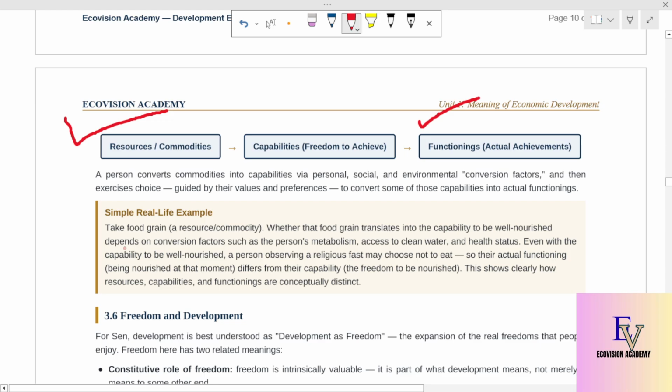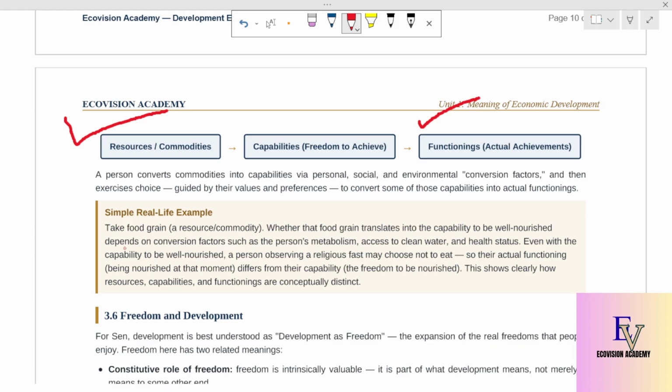And after that, when you use that crude oil and convert it into petrol and diesel to run cars, trains, or other types of vehicles, a bike, a car, a scooter, a train, anything, that is functioning.